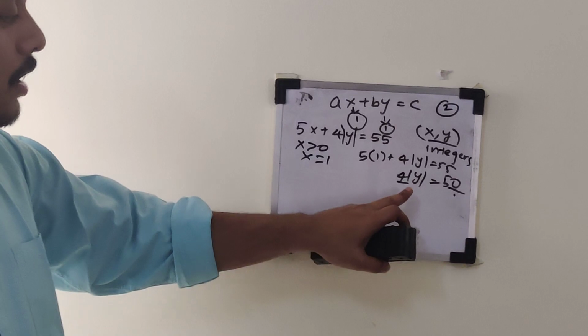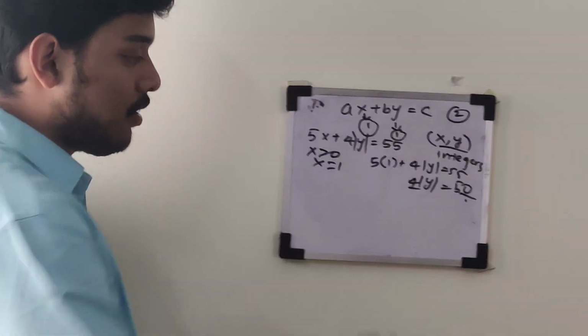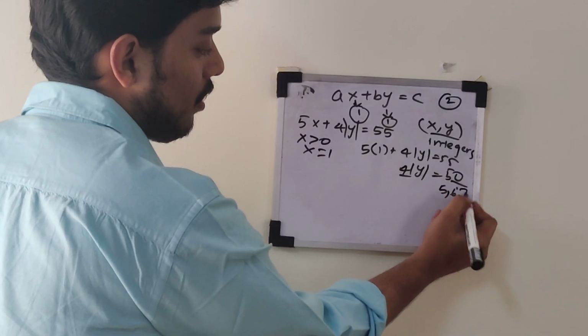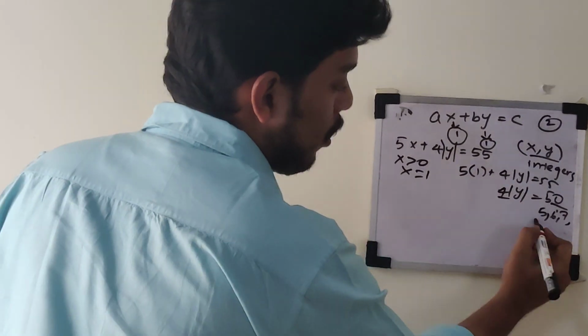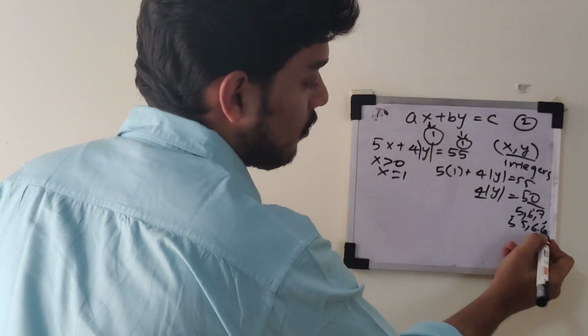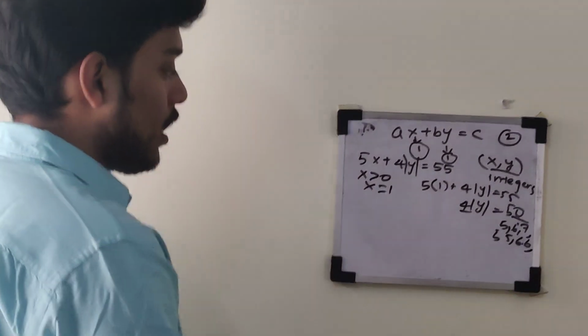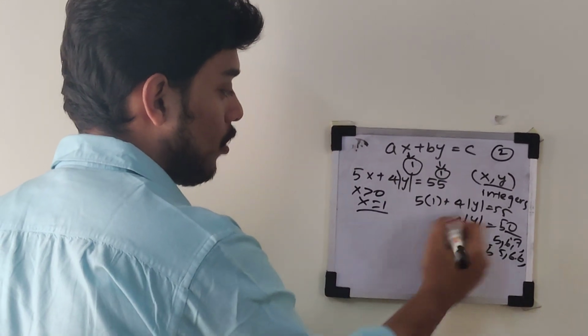So we will not get the value of y as an integer. Integer means numbers like 5 or 6 or 7. If 5.5, 6.6, these kinds of numbers are called non-integers. So if we take x is equals to 1, it is not possible.